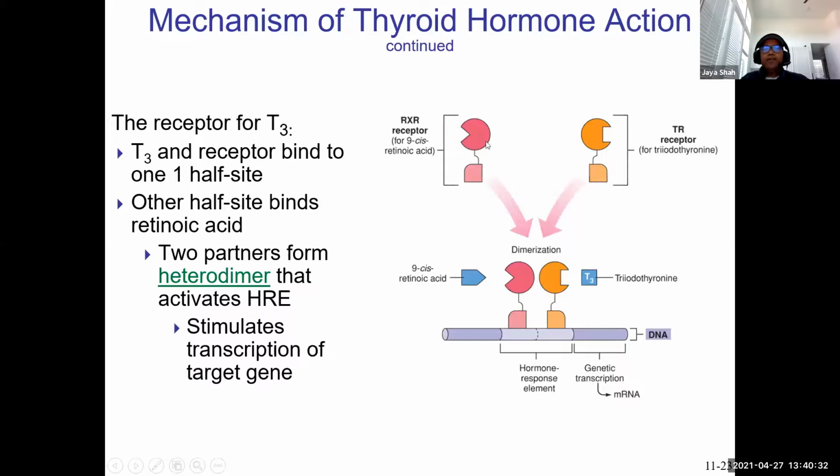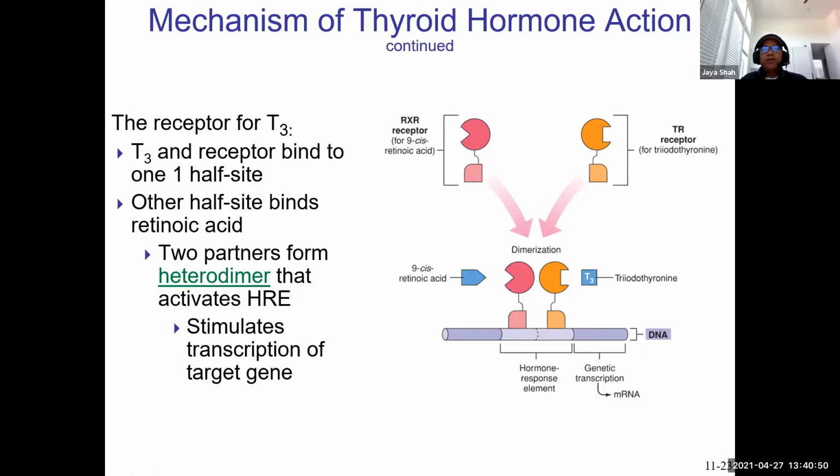So when thyroid hormone gets inside your cell and binds with the receptor, you see, this is the thyroid hormone receptor inside the cell. It has a hormone binding domain, and this is the DNA binding domain.